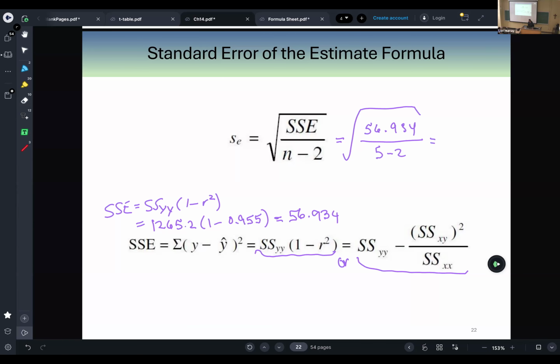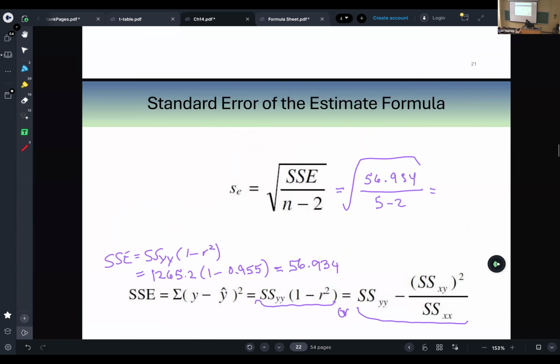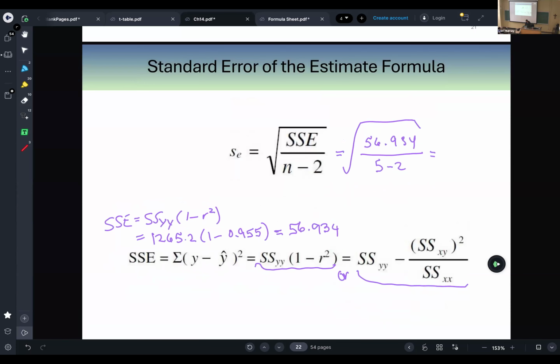Divide by 3, and 3 will be the degrees of freedom for this model. And I get 4.36, something like that. So it should be close to that.